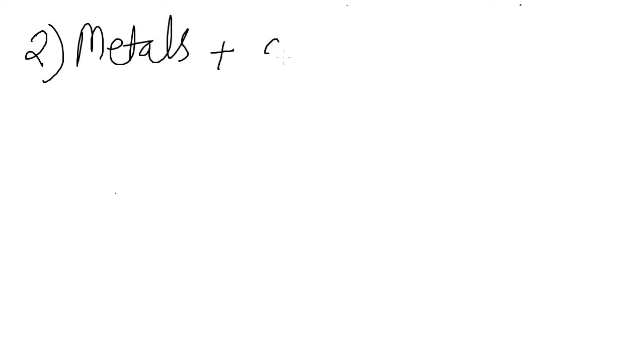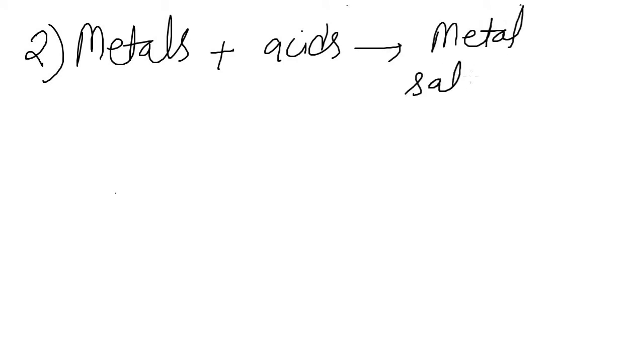Okay, so let's go forward and discuss the second reaction of acids which you are supposed to know. The second reaction is metals reacting with acids. They form metal salts plus hydrogen gas. Okay, so now you know what is the test for hydrogen gas? Yes, correct.